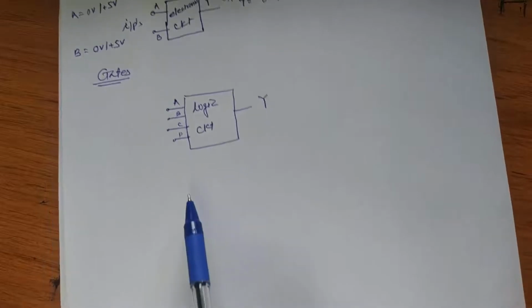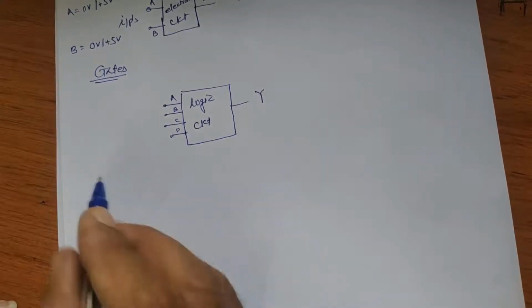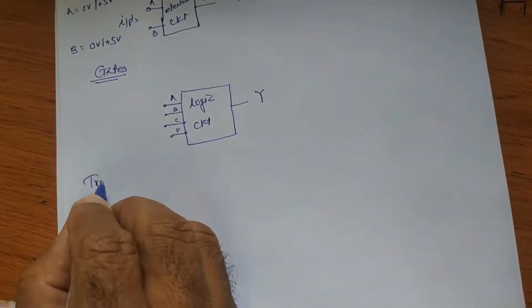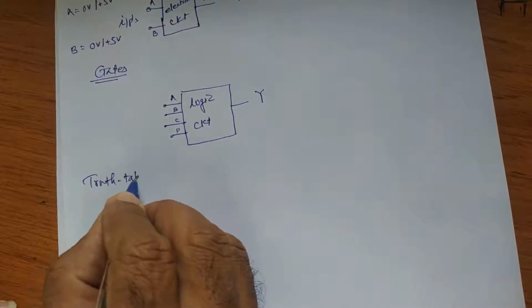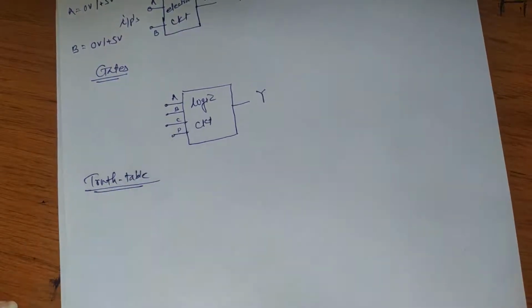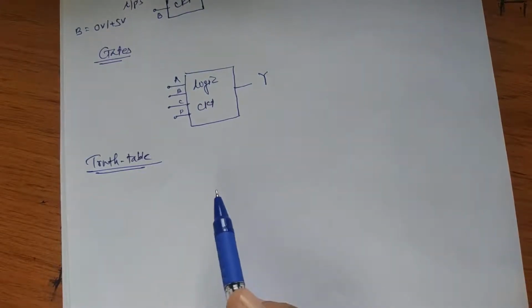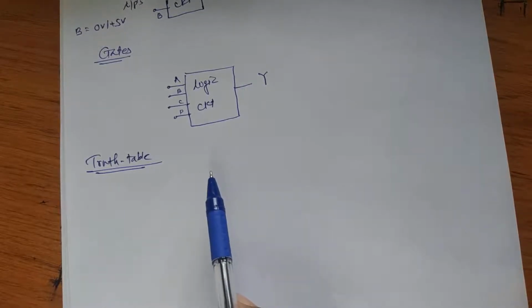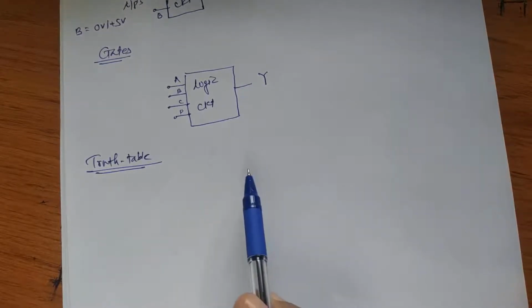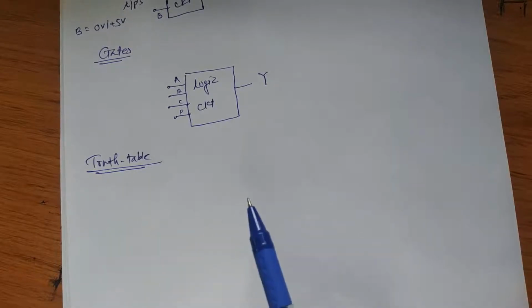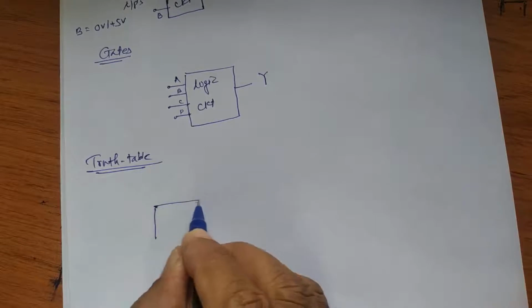Now the next term, truth table. A table that shows all input and output possibilities for a logic circuit is known as a truth table. Suppose this is a logic circuit.